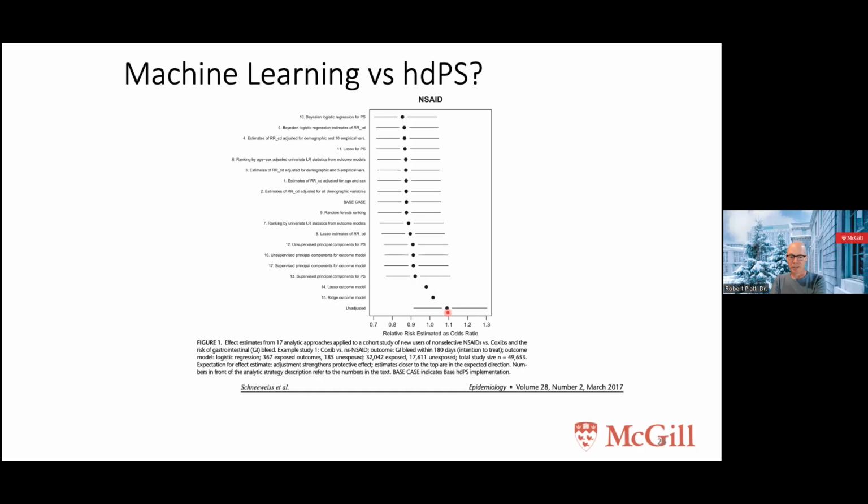Aside from these ones over here, I think it's pretty clear that the methods are essentially giving the same answer. So their conclusion was high dimensional propensity score is pretty much fine. These machine learning methods don't add a ton of value.